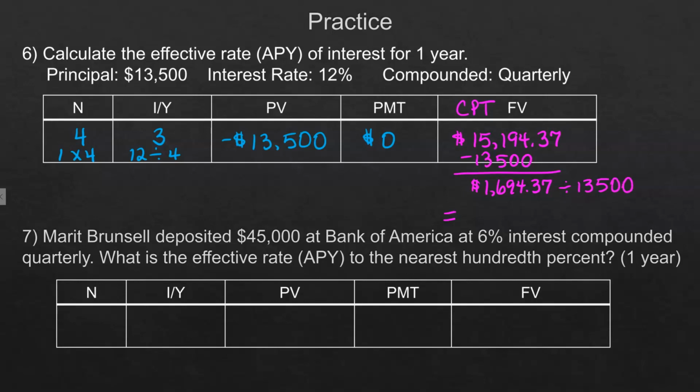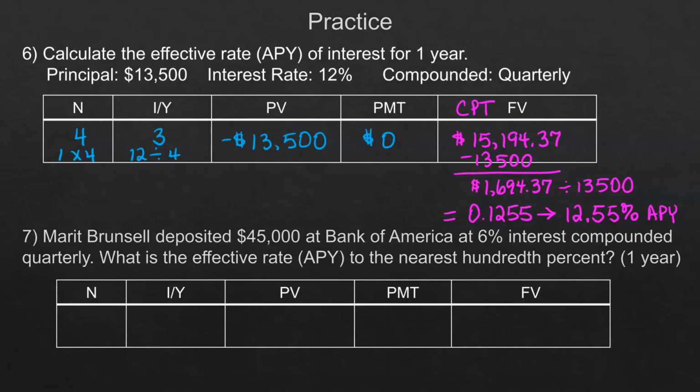When you do that, you get 0.1255, which is 12.55%. So you use your TVM keys, compute your future value, find the amount of interest, divide by your principal, and that is the rate. Remember, our original rate was 12%. This is a little bit more, 12.55%. That's your APY, your annual percentage yield.